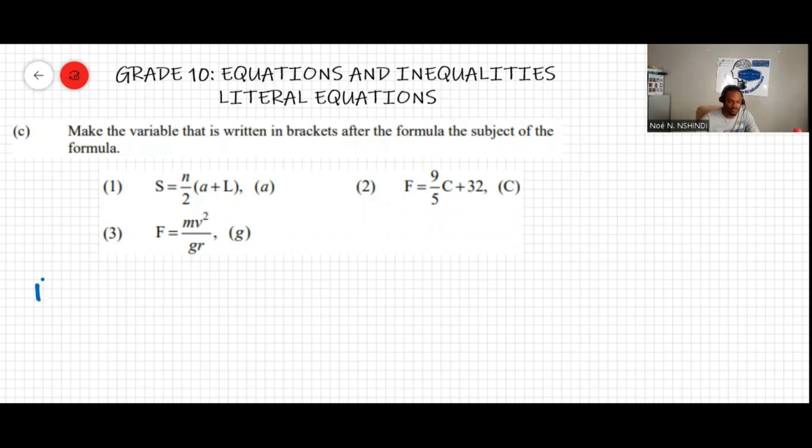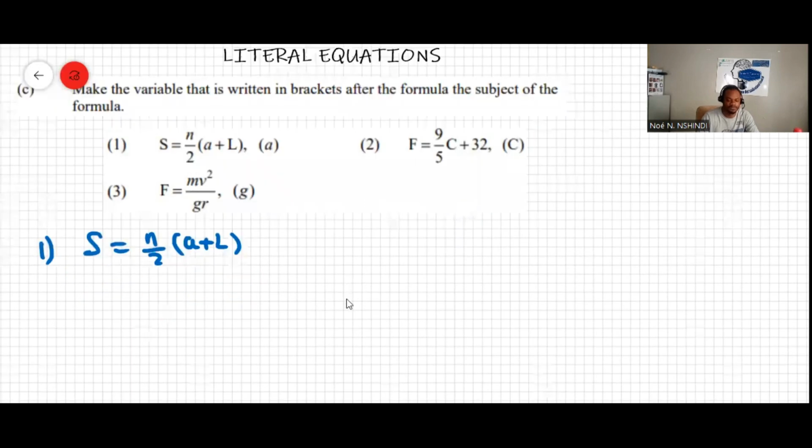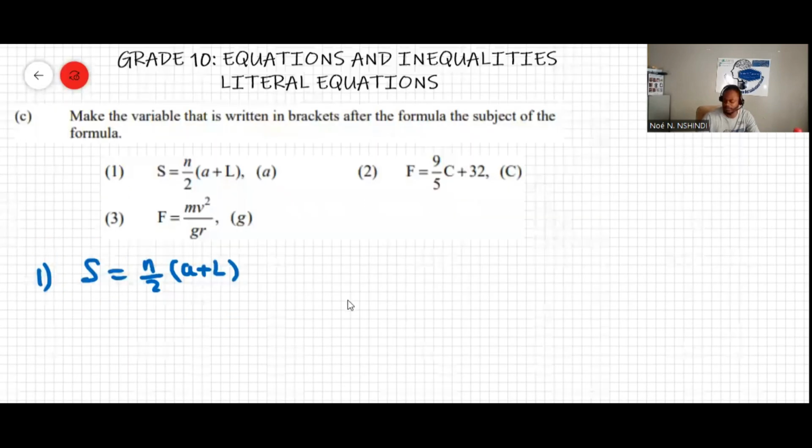So, question 1, S equal to N over 2, A plus L. This is the formula that you see in grade 12 for sequences and series, number patterns. But let's just make A the subject of the formula. I prefer to switch the sides.